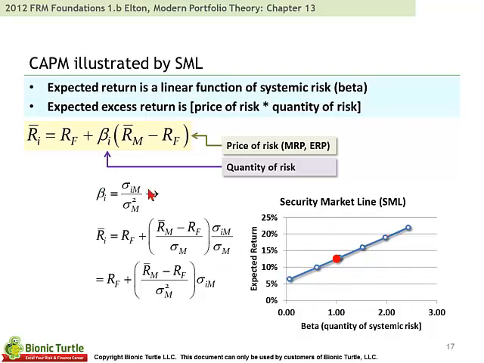And then the security market line illustrates, or manifests if you will, the capital asset pricing model, which tells us that the expected return on the asset is a function of its systematic exposure to the single common factor, the market return premium or excess or equity risk premium.